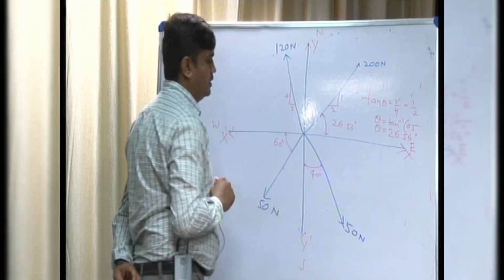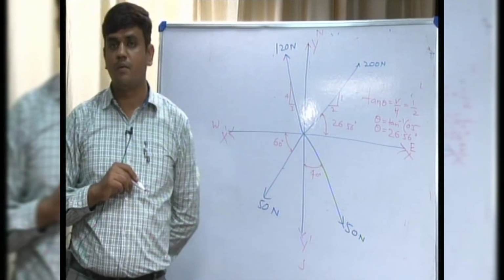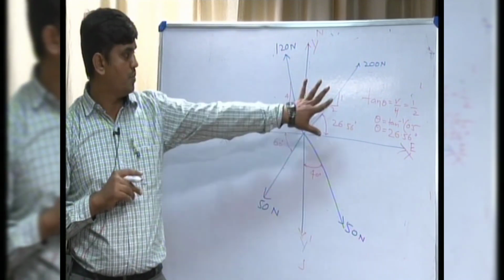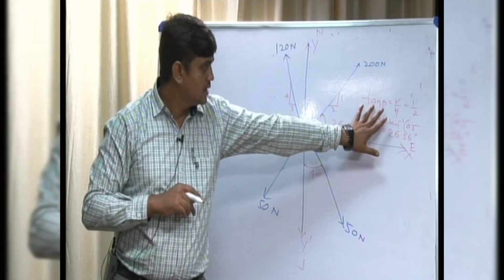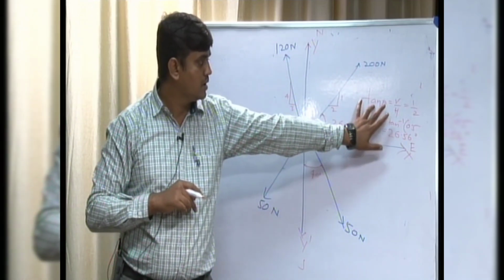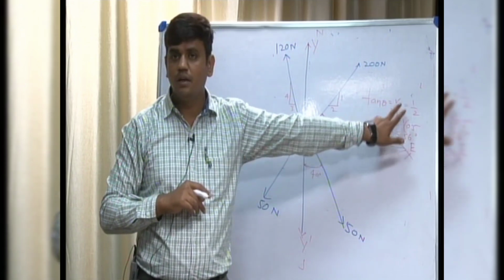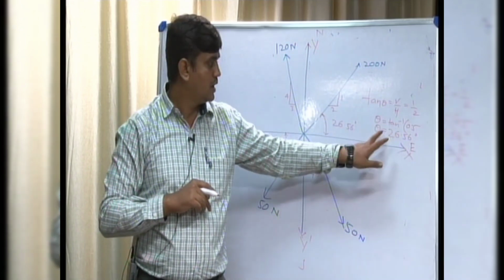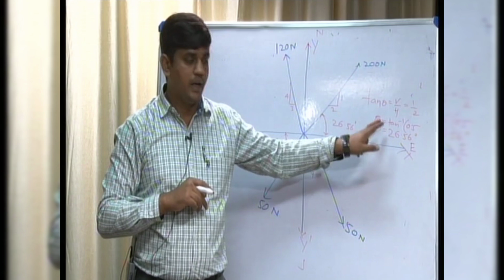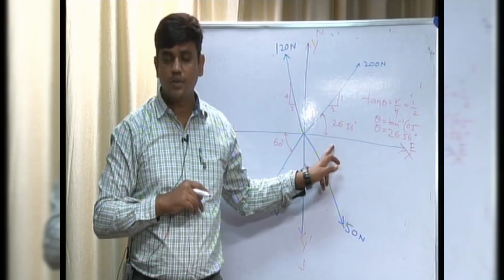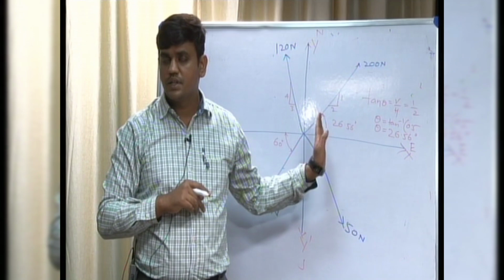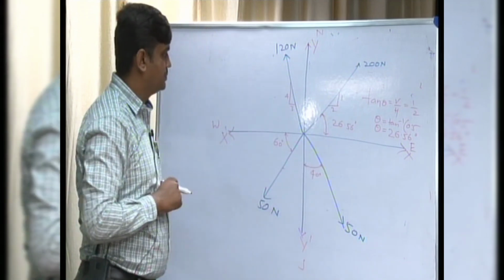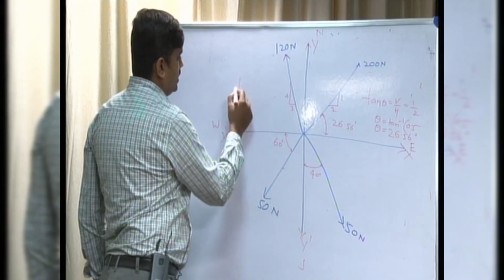If problems are mentioned in terms of slope, first calculate the angle using the trigonometric relation, vertical by horizontal 1/2, and calculate the value of theta, and that will be with respect to horizontal axis, 26.56 degree.